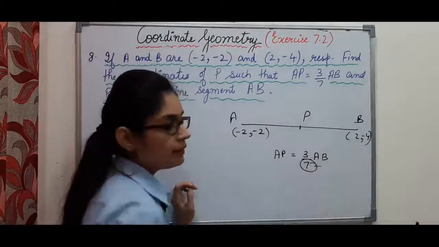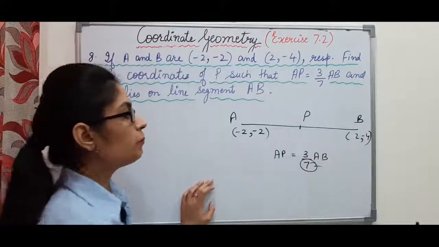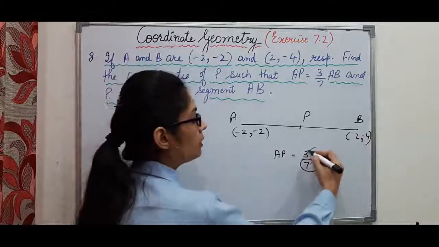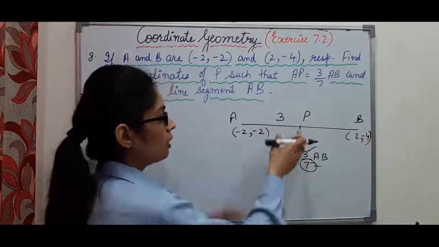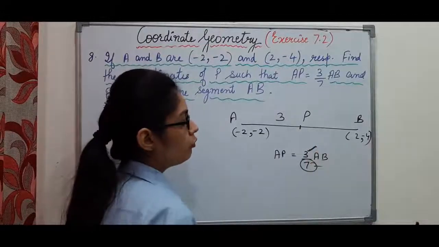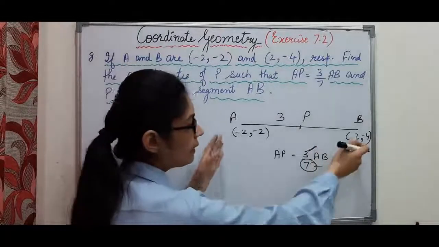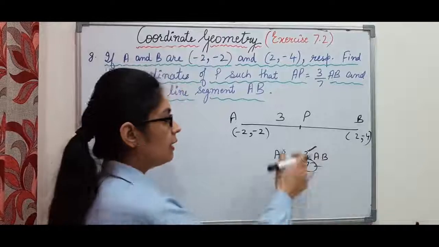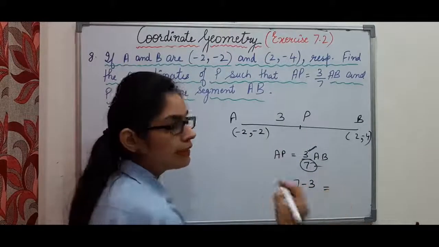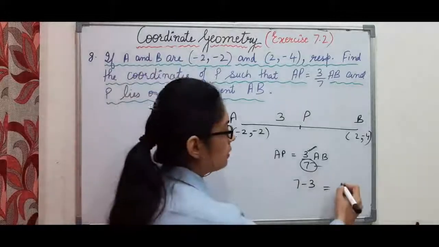See this thing, the denominator is 7, which means this line is completely divided into 7 parts. So 3 parts of this line are with AP. The line is divided into a total of 7 parts, AP has 3 parts, so the remaining parts you can find by subtracting 7 minus 3. 7 minus 3 is 4.